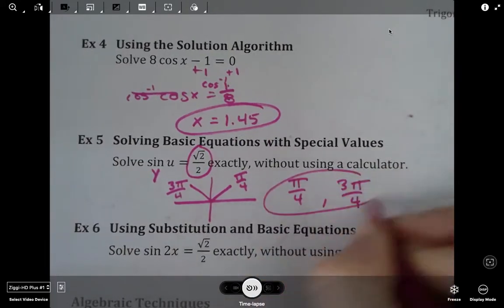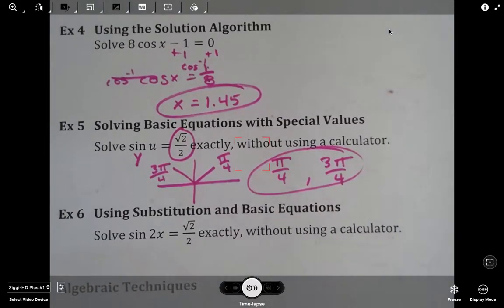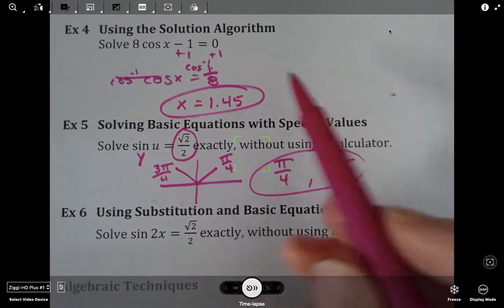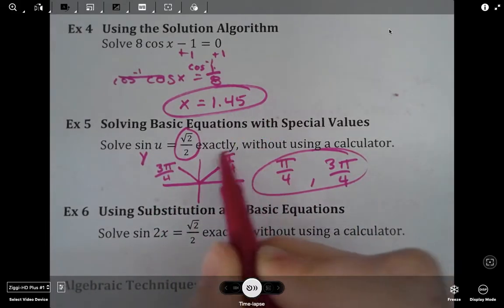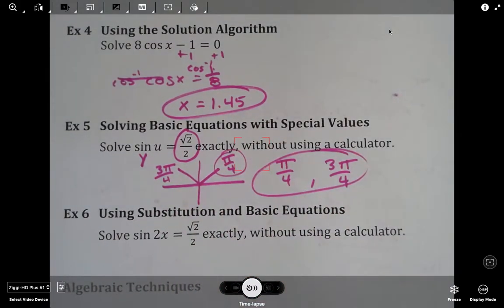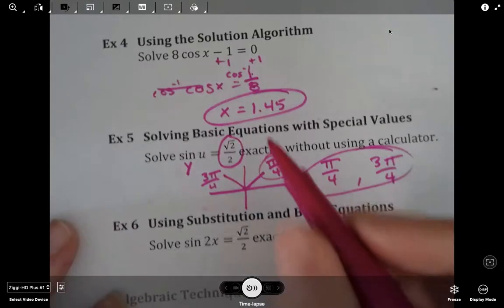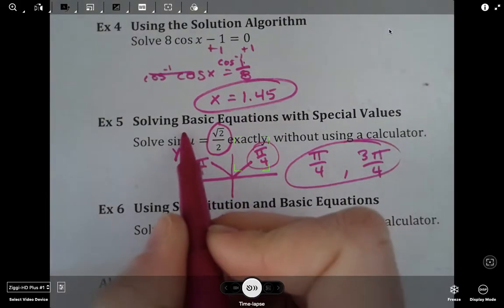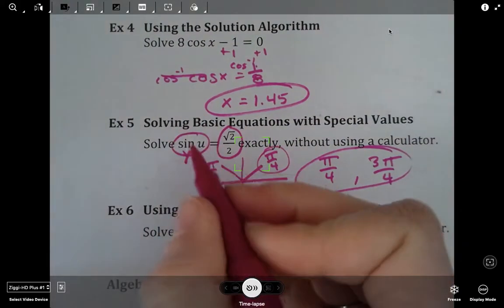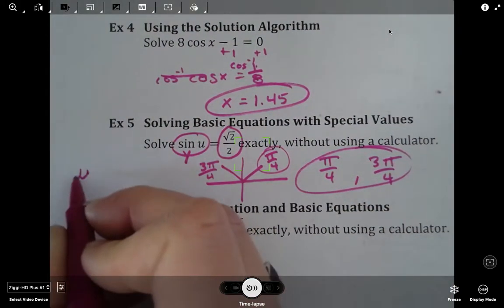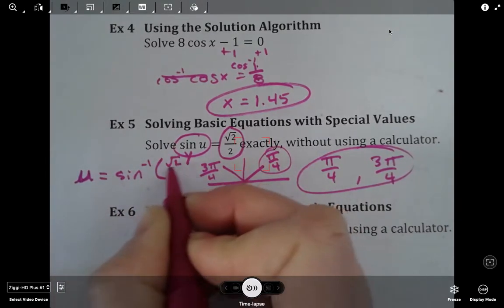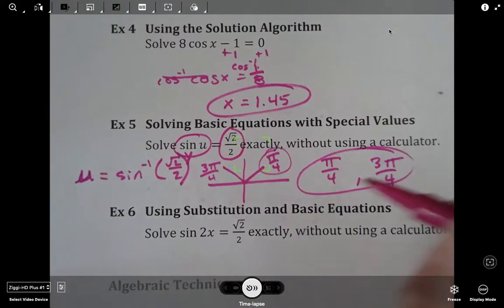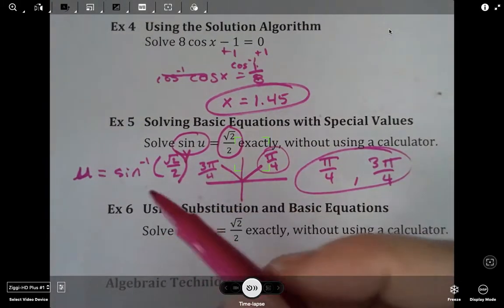Now, these are not the same thing as what you were doing when we were doing inverse sine. Remember I said that you only use this answer because inverse sine only works in the first and fourth quadrant. But this was sine to begin with, okay? If they would have started the problem as u equals inverse sine of square root of 2 over 2, then the answer would only be pi over 4 because I'm starting with inverse sine.